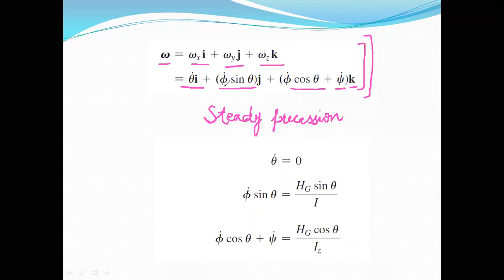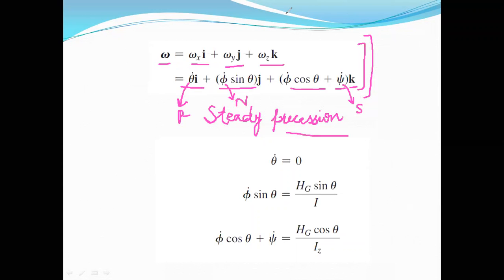Psi was the nutation, and phi was the spin. So precession, nutation, and the spin. We have already written the angular velocity equation in terms of precession, nutation, and the spin. We have done it in steady precession.